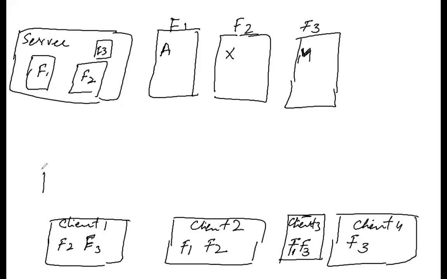So if he has F2, he has X, he has F3, this is M, right? M for modern, M. So here is M. Here is F1.